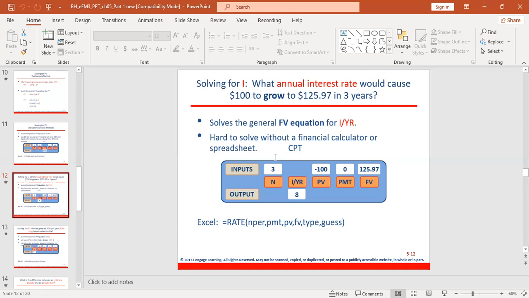You must always do this before you start a new calculation. You press 3, you press N, you press 100, you press plus minus, then you press PV, then you press 125.97, then you press FV, then you press CPT, then you press interest per year. So can you get 8? Yes. If you cannot get it, you try it many times.